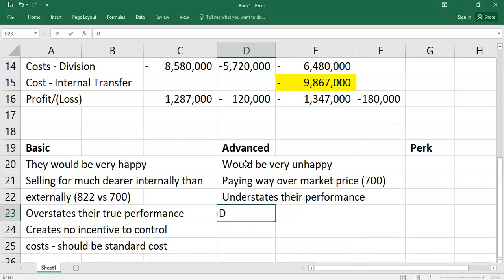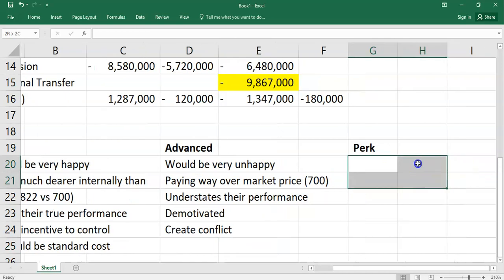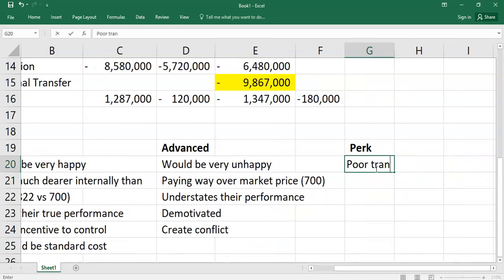So they're not going to be happy. They're going to be demotivated, and it's going to create conflict. Because if they find out, for example, that Basic are selling to third parties at 700, but selling to their sister division at 122 higher, that'll create a lot of conflict. So for the company overall, it's a poor transfer price.